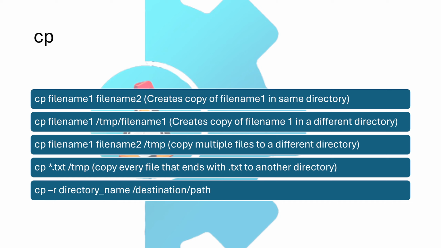What this does is, in your current directory, it looks for any file whose name ends with .txt, and it's going to copy it over to the tmp directory. You can do the same thing for directories. You can do cp -r, the directory name, and then the destination path.